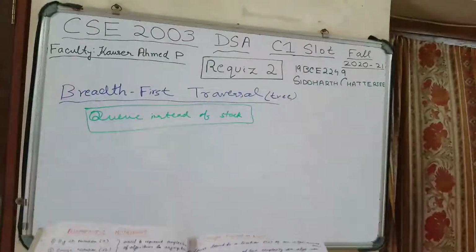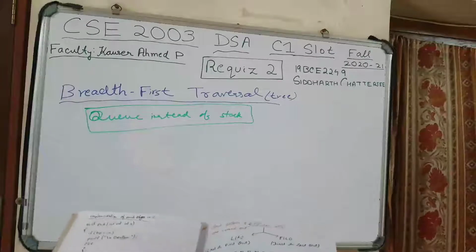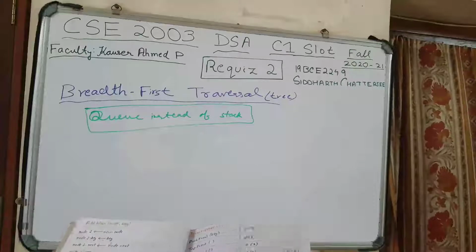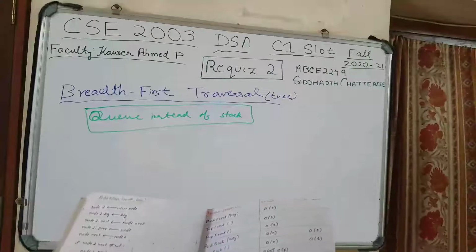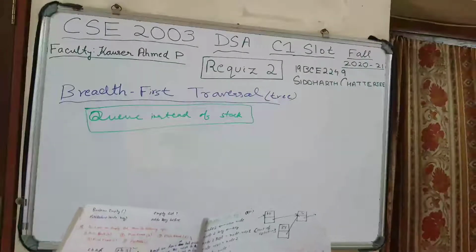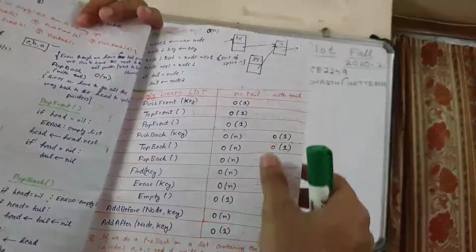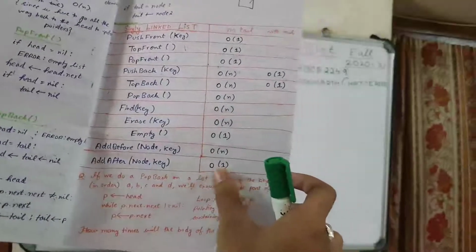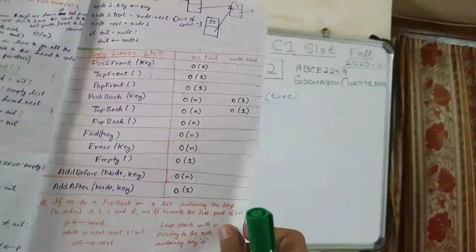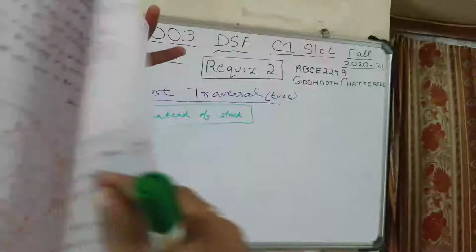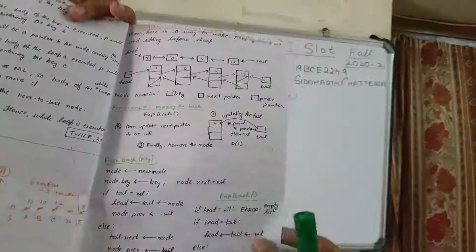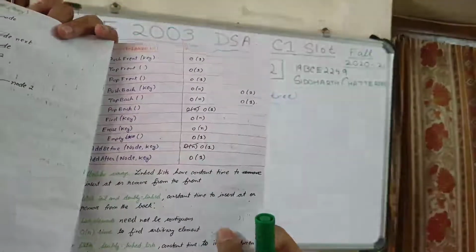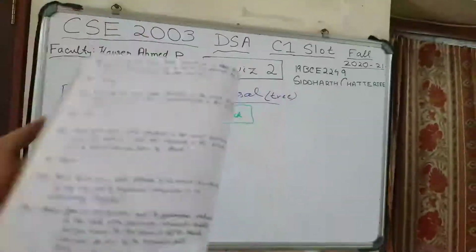In a linked list, if we push and add a key, add after, add before, it's O(1). And I have mentioned all the singly linked list time complexities, as well as those of a doubly linked list, and what the time complexities of each of the operations are.